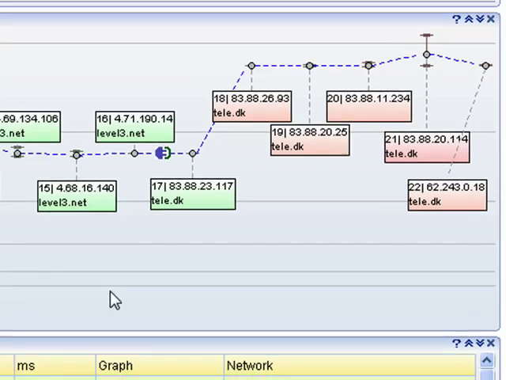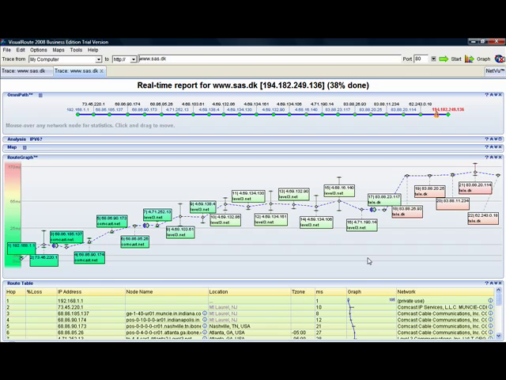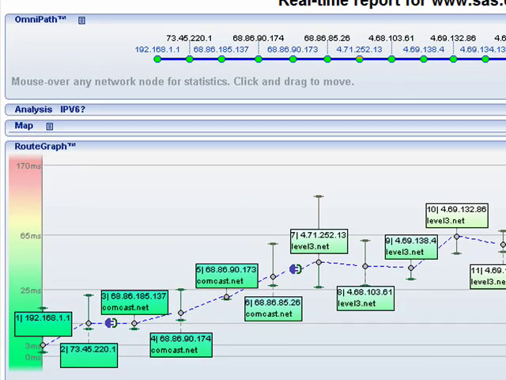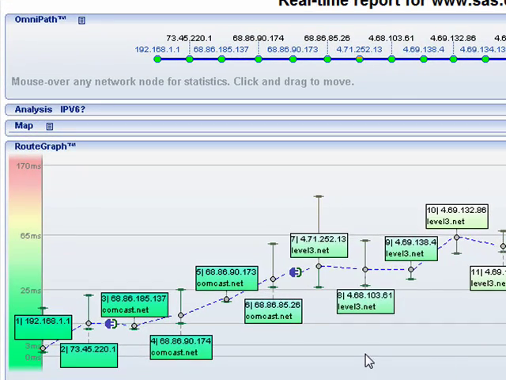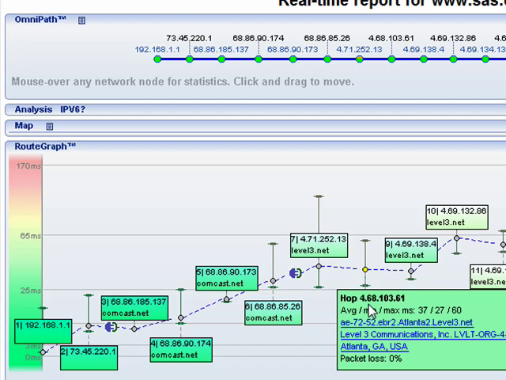Now we're still collecting data, and what you're going to see as you look at all this information is that it's sending multiple packets, so we can get an average time and then the full length of time. And each of these hops, if you want to, you can get more information about that particular router in the path.